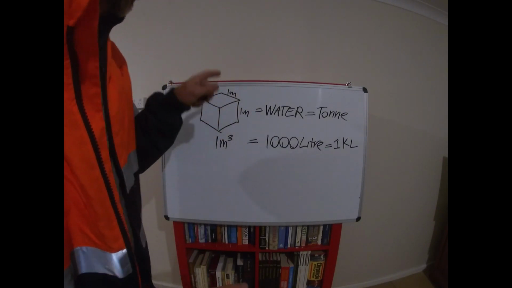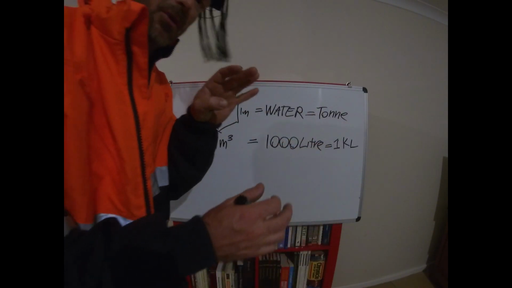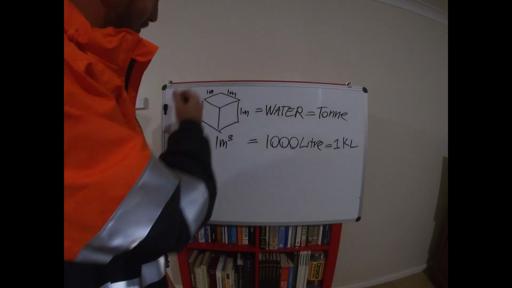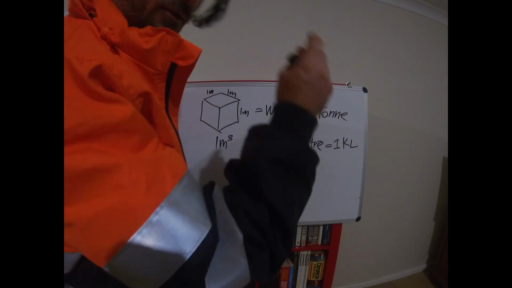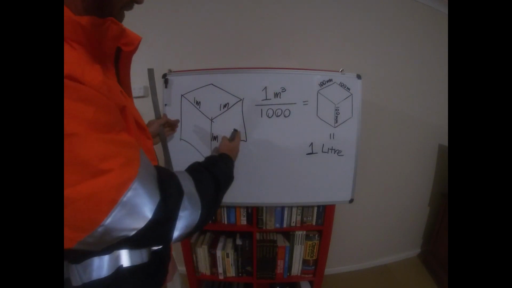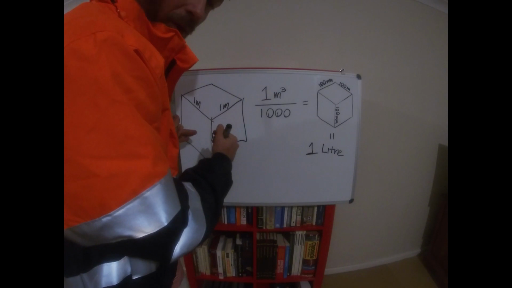So, when we've got that, and we want to work the other way down, we want to buy some milk, or we want to buy some water, we've got to go the other way. So, let's get our cube, and this is 1,000 litres. Let's find out what 1 litre is. So, when we're working our way down, we'll start with our cubic metre, which is a tonne if it's full of water.